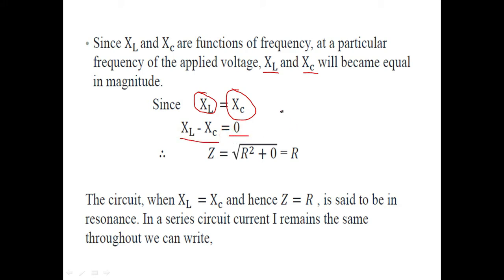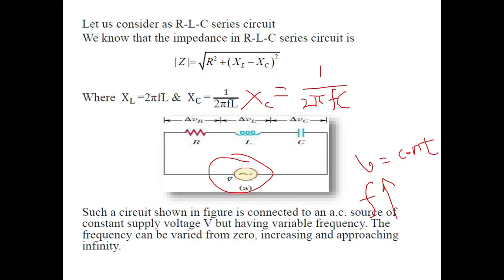Once we substitute this in the above equation, the magnitude of Z is equal to the square root of R squared plus (XL minus XC) squared.